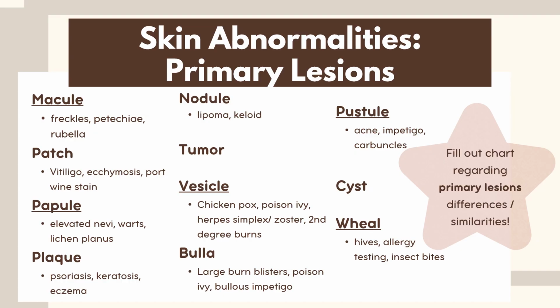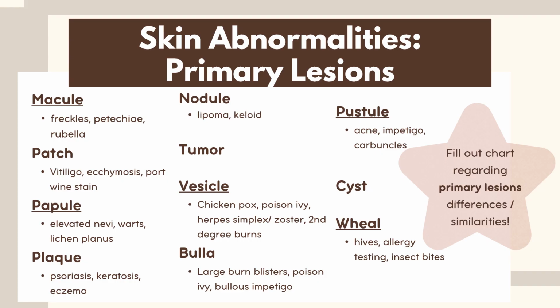Nodules are going to be an elevated, solid, palpable mass that extends deeper into the tissue than a papule. So it's going to go deeper into the dermis than that papule. Nodules are typically 1/2 to 2 centimeters, and they are circumscribed. These are going to be like keloids, lymphoma, possibly a poorly absorbed injection site. Then you have a tumor.